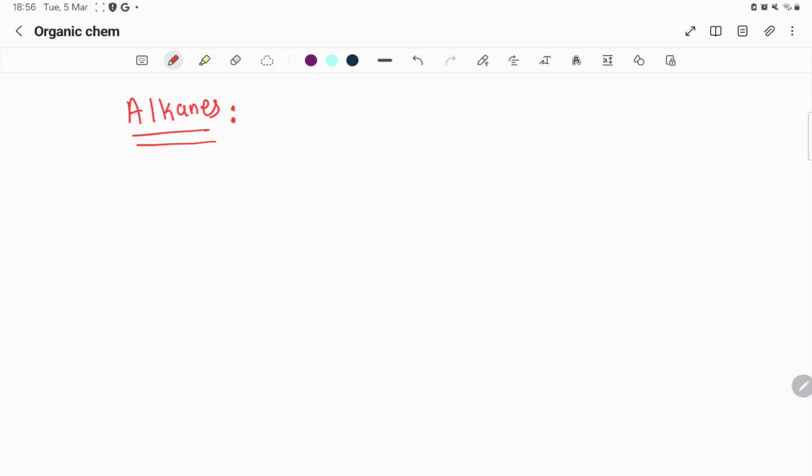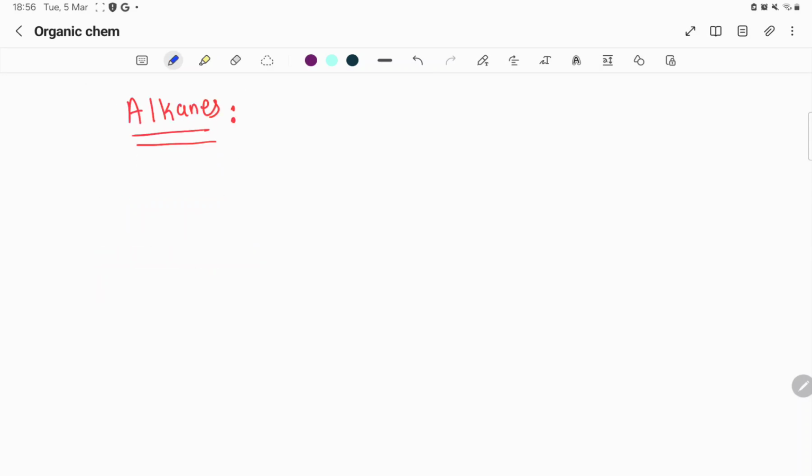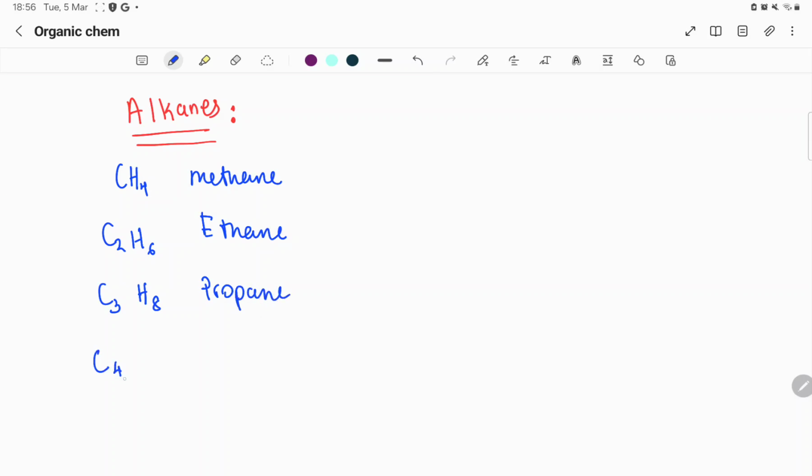Now, we're going to start off, I'm going to give you the list of alkanes first, then we will go into their detail. So we have methane, we have ethane, we have propane, and we have butane.